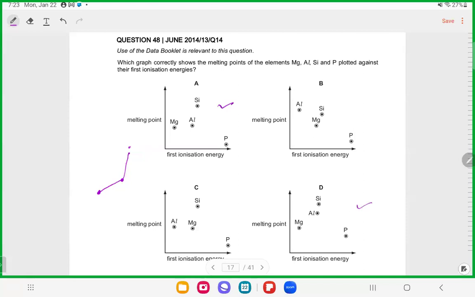This graph is okay. This graph is wrong. Okay, and this graph is wrong.